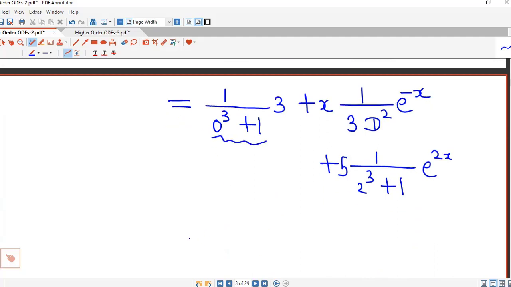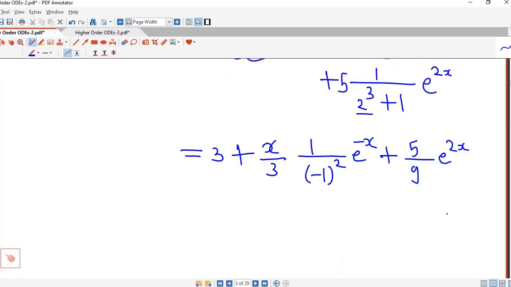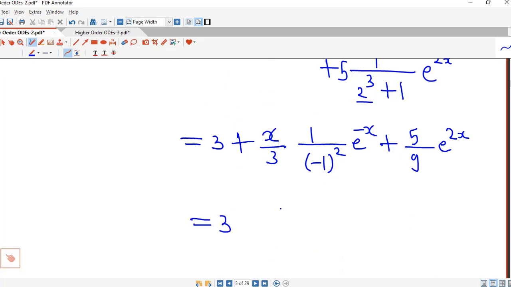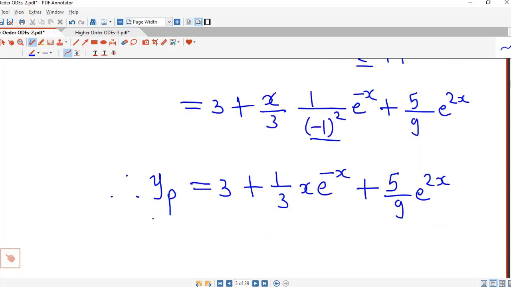Now here this quantity becomes 1, so we have 3, and here now we can put d equal to -1, so it will not be 0, so plus x by 3 times 1 over d equal to minus 1 square, e raised to minus x. Here this is going to be 5 and 8 plus 1, that is 9, e raised to 2x. And this again we can rewrite as 3 plus 1 by 3 x into e raised to minus x plus 5 by 9 e raised to 2x. So this is our particular solution or particular integral.